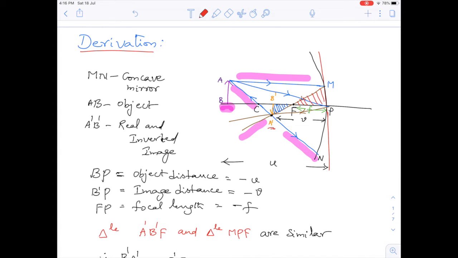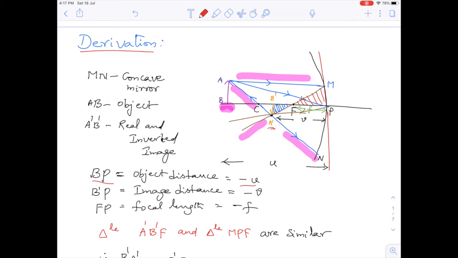Now, look at the distances that we measure. From the pole to the object, that is BP, is the object distance, and because the object is to the left side and in front of the mirror, it is minus u.